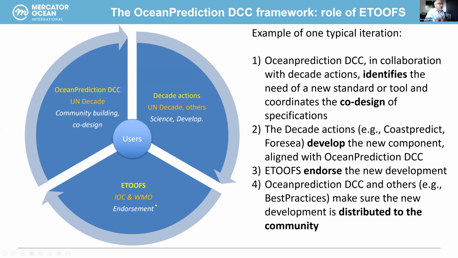Then ETUFs, in its new role of endorsement, is the one saying, okay, this is good. This is developed with respect to the specification. So we are good with this. And then it is best practices and again, ocean prediction, the ones in charge of disseminating this to the community.